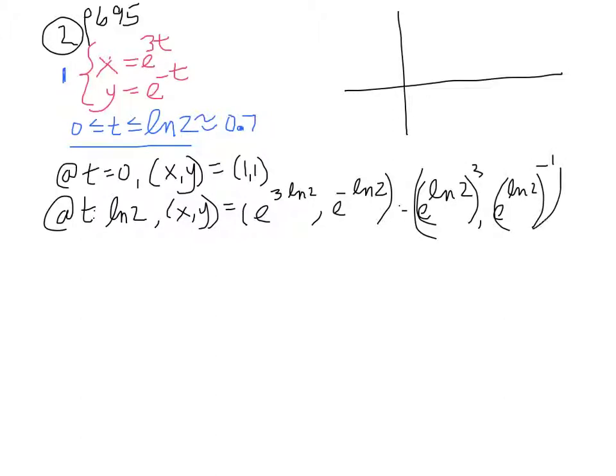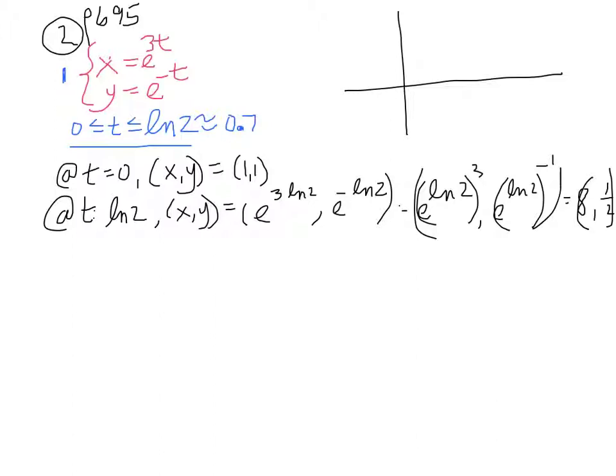And you can see that e to the log of 2 is 2, 2 to the third is 8. And 2 to the minus 1 is 1/2. So I'm at the point 8, 1/2.